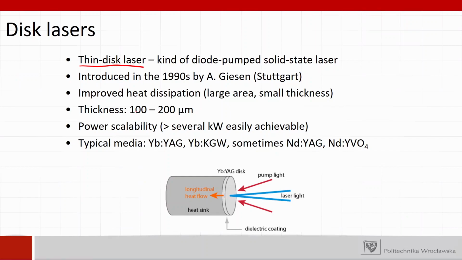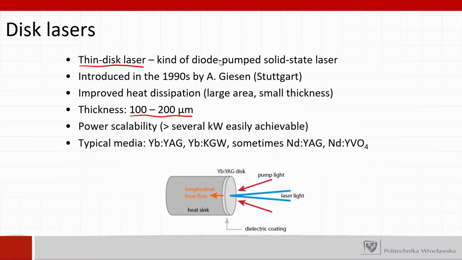And the disk is very thin, so the thickness is at the level of, let's say, 100, 200 micrometers. And the area can be quite large. So the size of the disk can be a few millimeters up to even a few centimeters, depending on the applications, but only hundreds of micrometers thick.